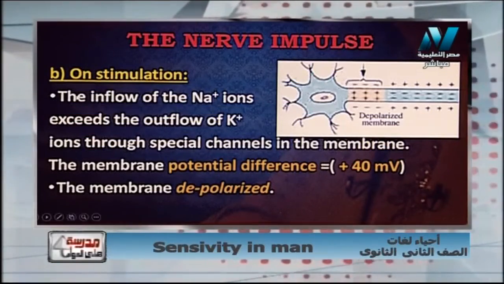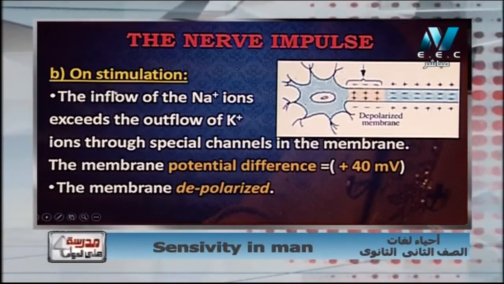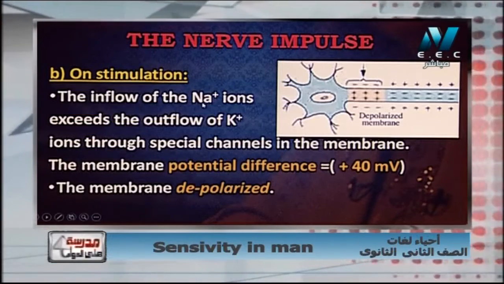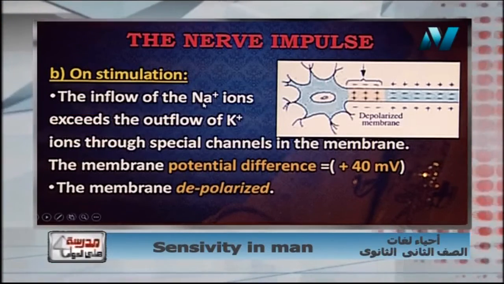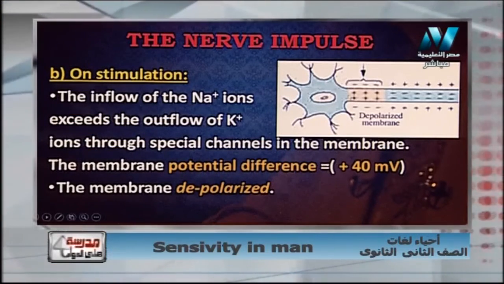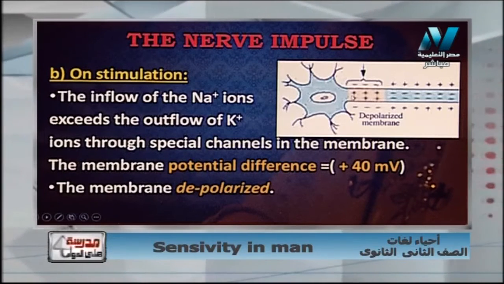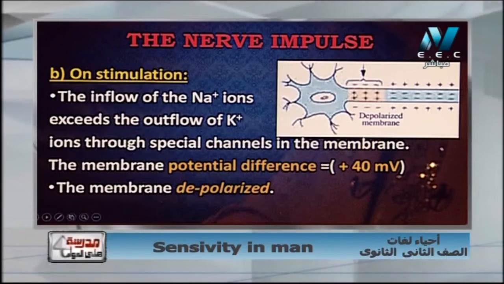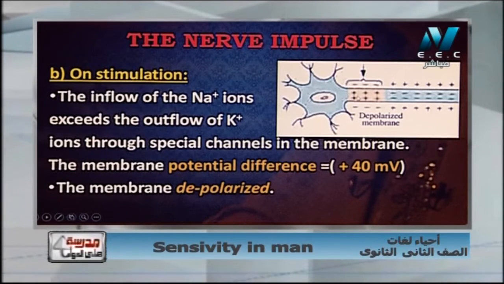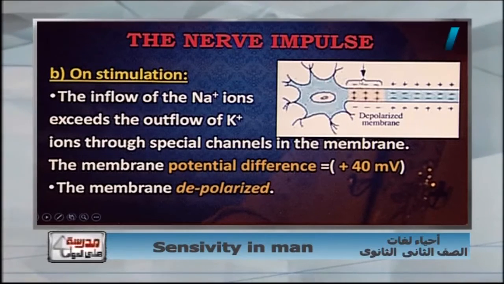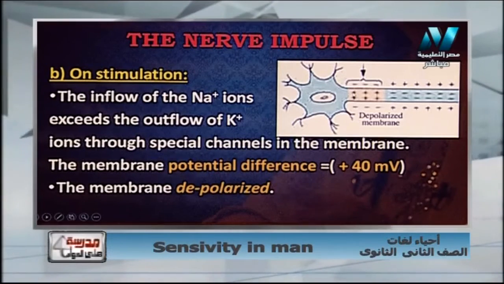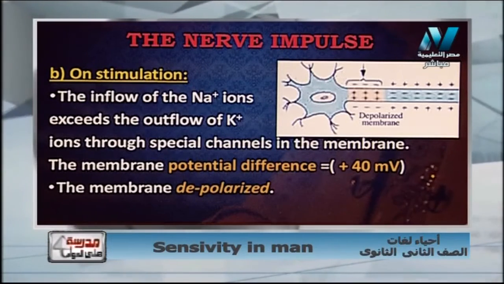So the sodium ions enter the cell, and the negative ions of chlorine, chlorine only, go outside. So the charges are reversed.